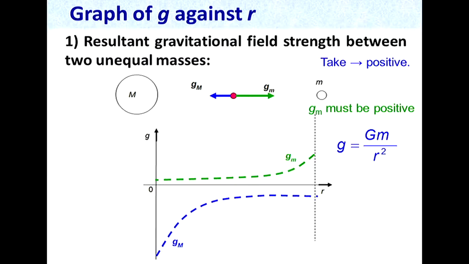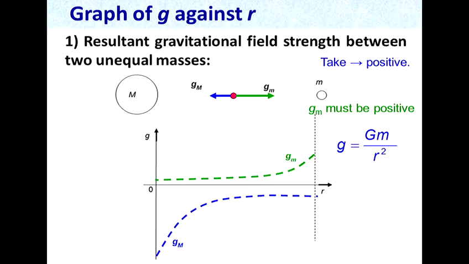So you need to sketch the individual graphs due to the individual masses, big M and small m, and then you find the resultant. You just add up the two graphs. So I'm going to add the blue graph to the green graph. At the surface of M is a very negative blue and a slightly positive green.